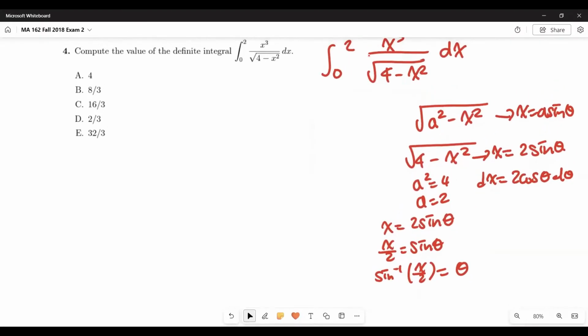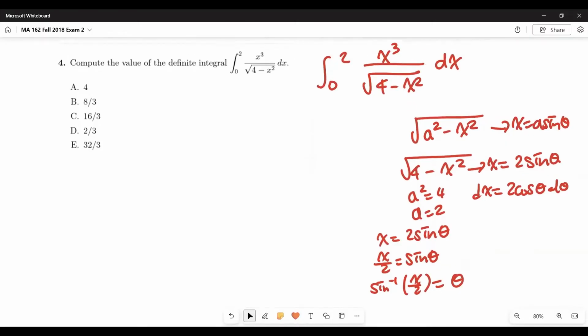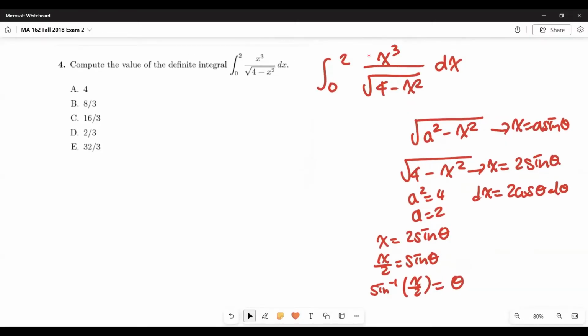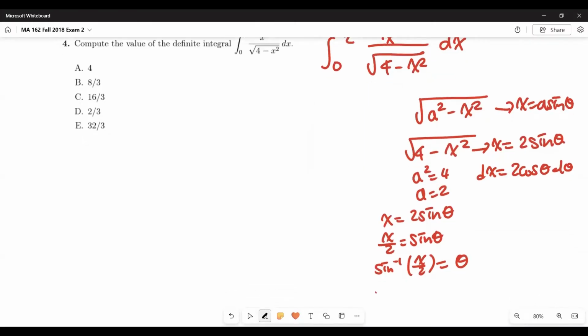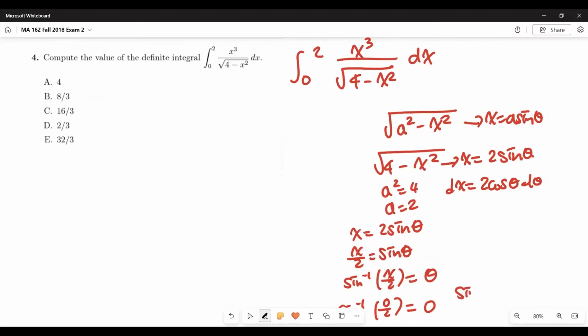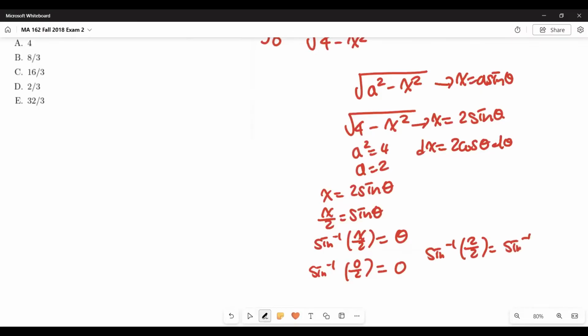The only reason that we are doing this is we're going to write everything in terms of theta instead of x, which is why we want to change the bounds value of x into theta bounds. So sine inverse of 0 over 2 is just 0. Cool. Sine inverse of 2 over 2 is sine inverse of 1, which is pi over 2.